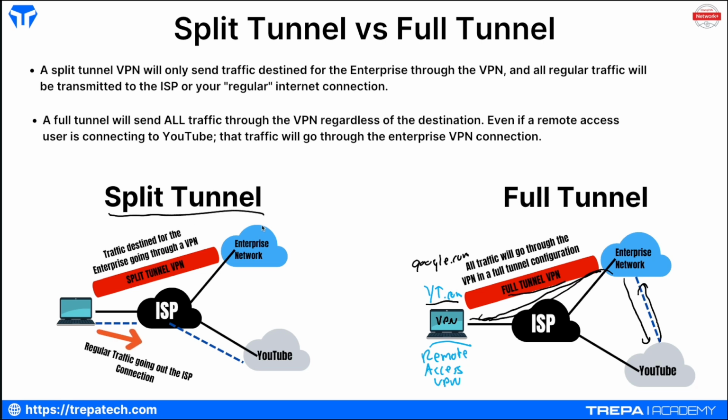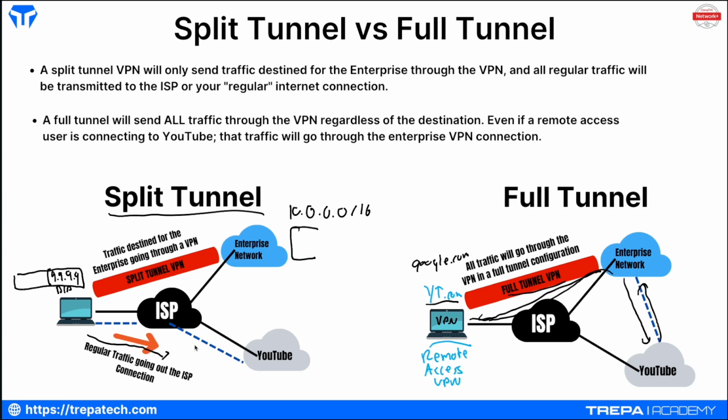But with that split tunnel, let's say the enterprise network is this subnet, 10.0.0.0/16, and this computer creates a layer 3 header, and the destination IP doesn't fall within that, so let's say it's 9.9.9.9. Guess what? In a split tunnel VPN, regular traffic that's not destined to the enterprise network is going to go out your regular internet connection.